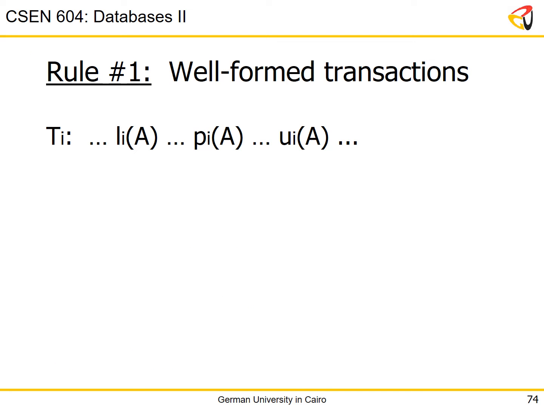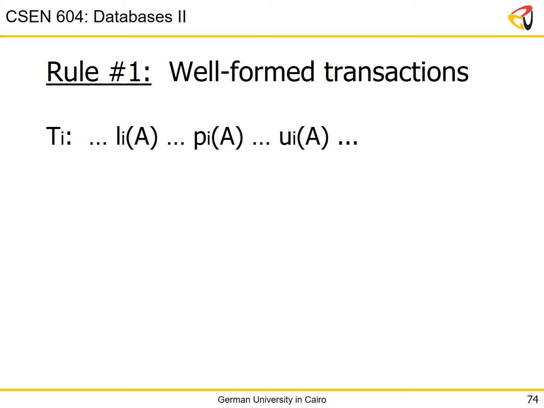So we will set some rules. First of all, we are talking about well-formed transactions, which means the insertion of the locking request and the subsequent unlocking request or function call is done properly by the scheduler. So if a transaction i requests a lock on a resource, either it gets it or it gets blocked.